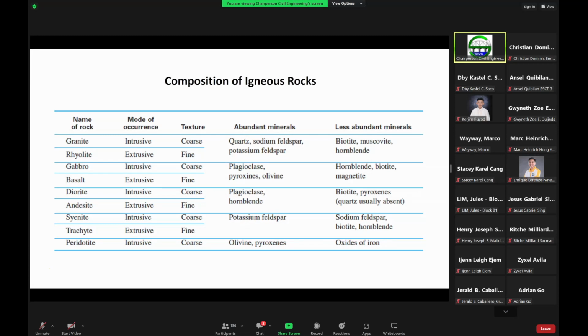So far, in my experience, the common rock materials that we normally encounter in construction are the granite, the gabbro, the basalts, and the diorites, as well as the andesites.